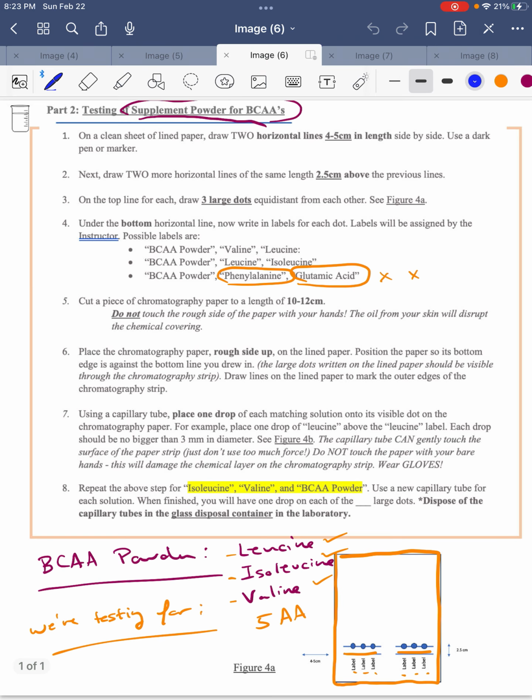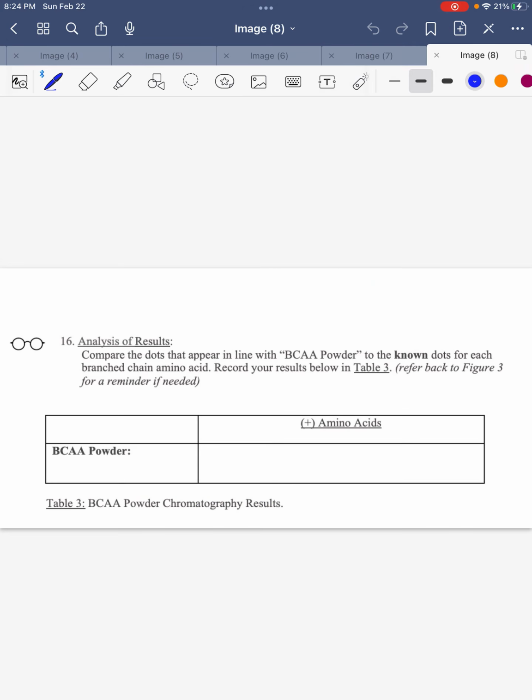All right, so remember, we are testing for 5 amino acids, the 3 branched chain amino acids, and we threw 2 others on there also. The label said that it only has leucine, isoleucine, and valine. So we'll see if it in fact contains what it says it should. And then we threw on 2 others to see if there are some things in there that maybe shouldn't be. Here's where you record your results.